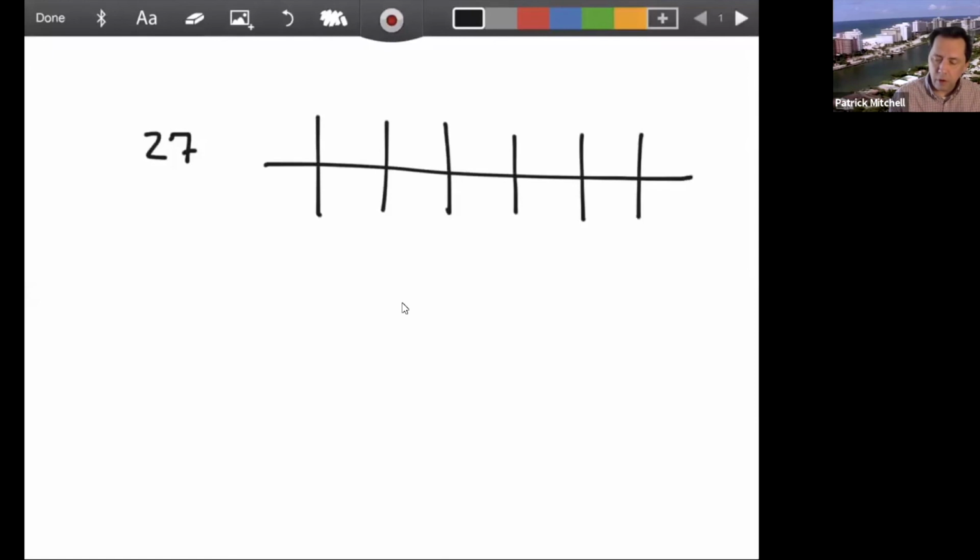So I will start over here with a 1, and then 2, which is 2 to the 1st, and then 4, which is 2 to the 2nd, and then 8, 16. And I'm going to stop there because 32 is bigger than 27. So I know that to represent the number 27, I'm not going to need any place values 32 or bigger.